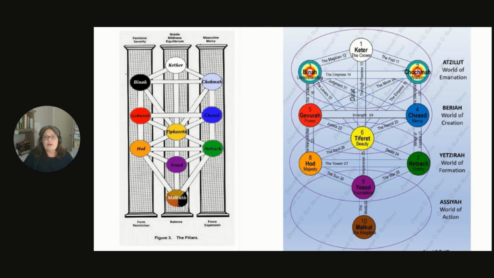Now, we'll learn later that the 7 living stones that are part of our makeup, which are the bottom 7 brightly colored Sephirot, the gems, the living stones, will each be assigned to one of the 7 traditional planets.